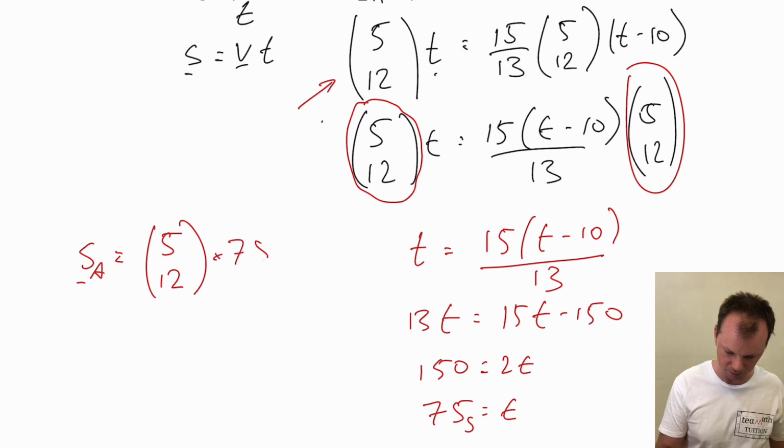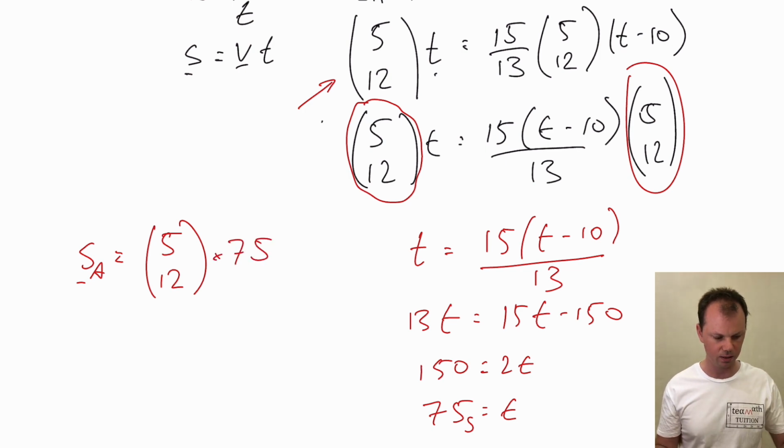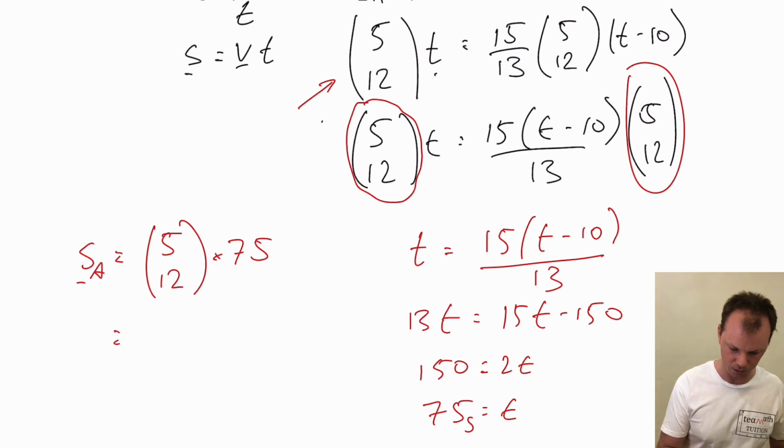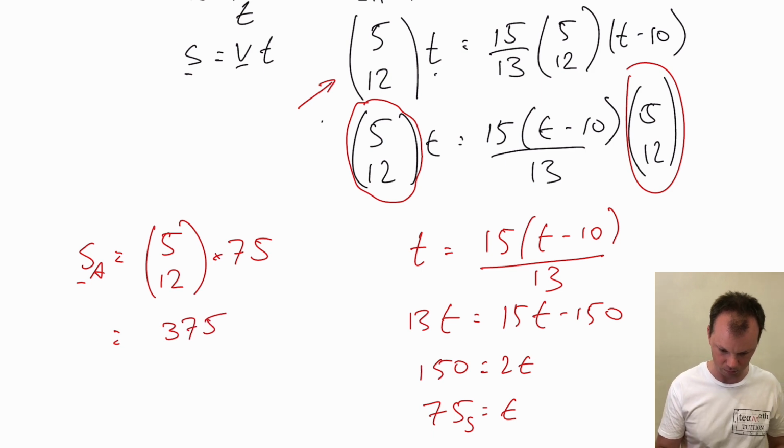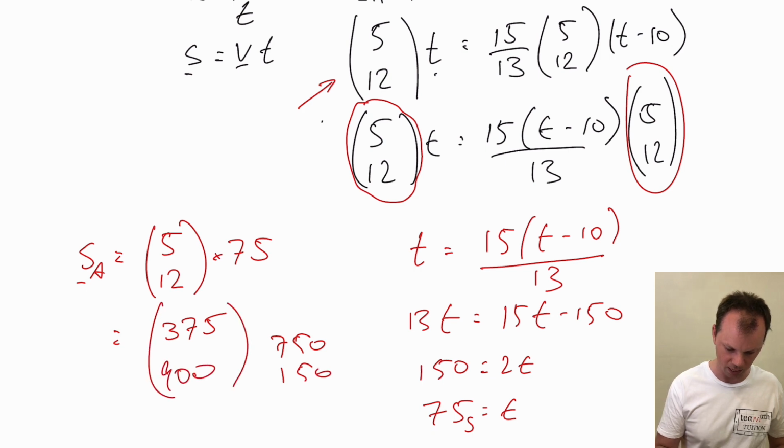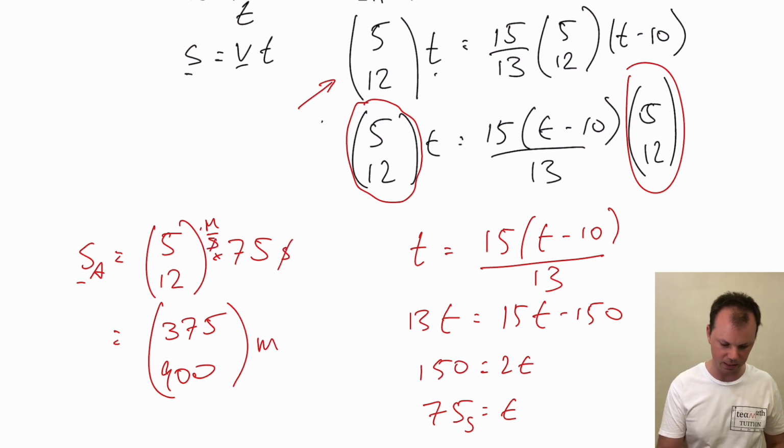By 75, and we will get an answer. So what's that, 350, 375, and that is the location in meters, because we have a meters per second here, times a second, cancel out, and we get meters, and this is the location where they meet.